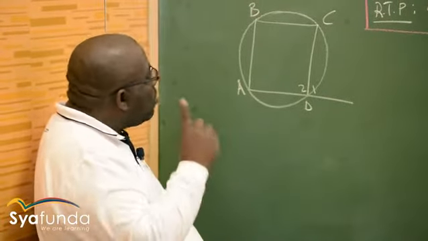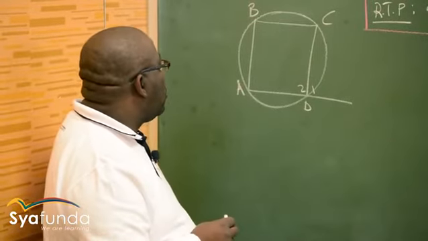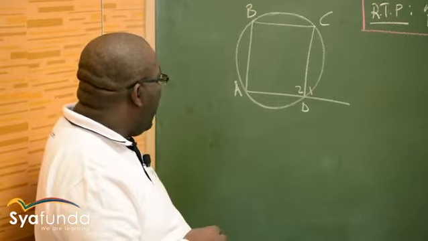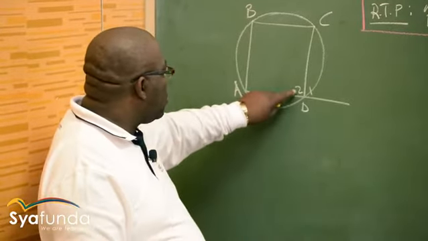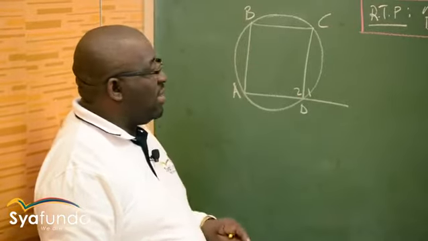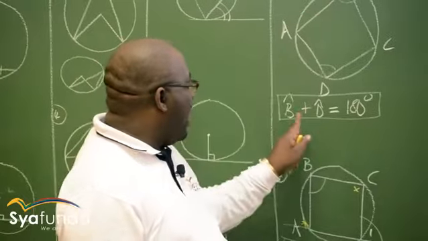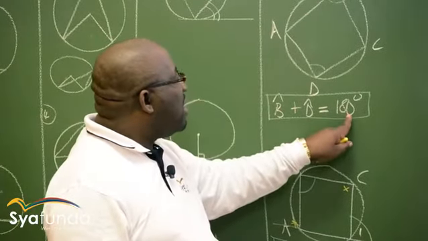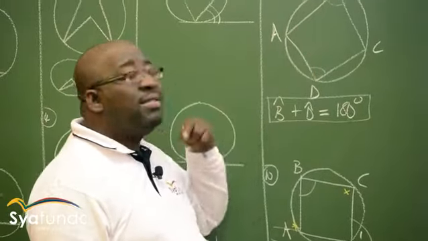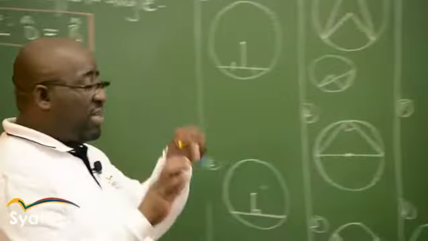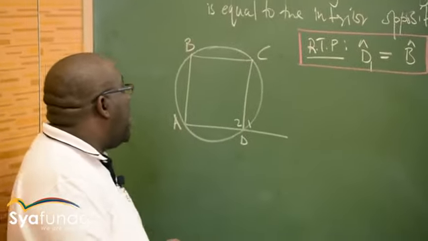We know for a fact that angle D2 plus angle B is equal to 180. Why are these equal to 180? It's because they are the opposite angles of a cyclic quad. Whenever you've got opposite angles in a cyclic quad, you must know that they are supplementary. Their sum is 180 degrees.